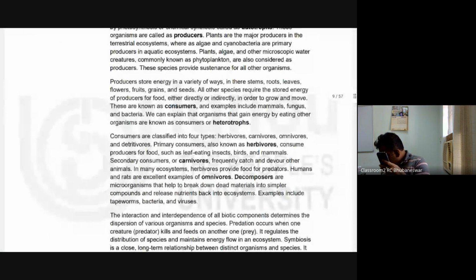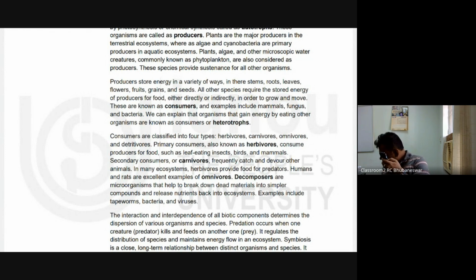Then who are the consumers? All the species which consume the primary product will be called heterotrophs or consumers. The consumers are subdivided into three or four types. First is your herbivores. Herbivores are the primary consumers.